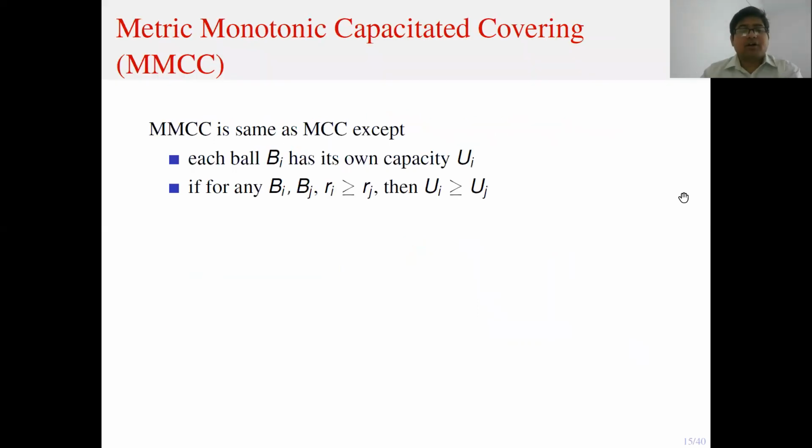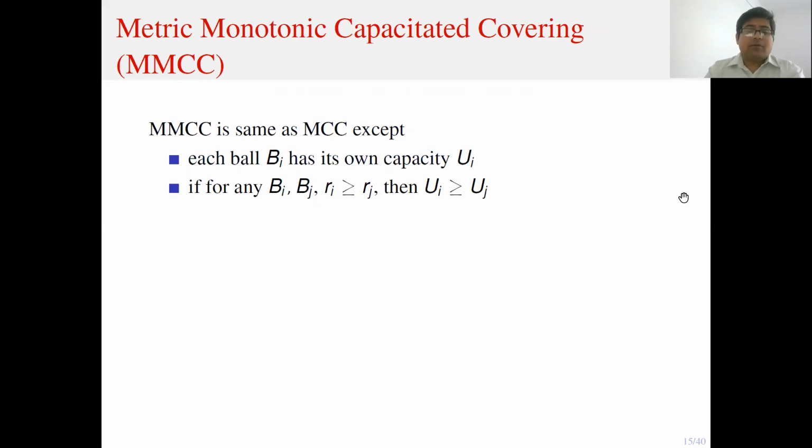And we also consider a generalization of metric capacitated covering, where the capacities are not uniform. Each ball has its own capacity Ui, and for any two balls Bi and Bj, if the radius of Bi is at least as large as the radius of Bj, then the capacity Ui is at least Uj.